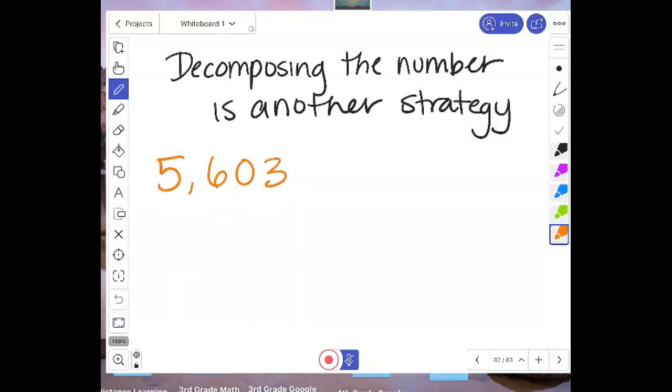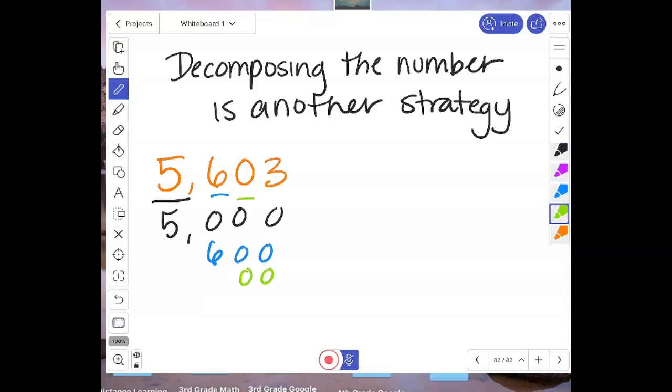Let's do another one of those. So I'm going to start with the 5. 5, fill it up. 6, see how it goes straight down? Fill it up. 0. And 3.